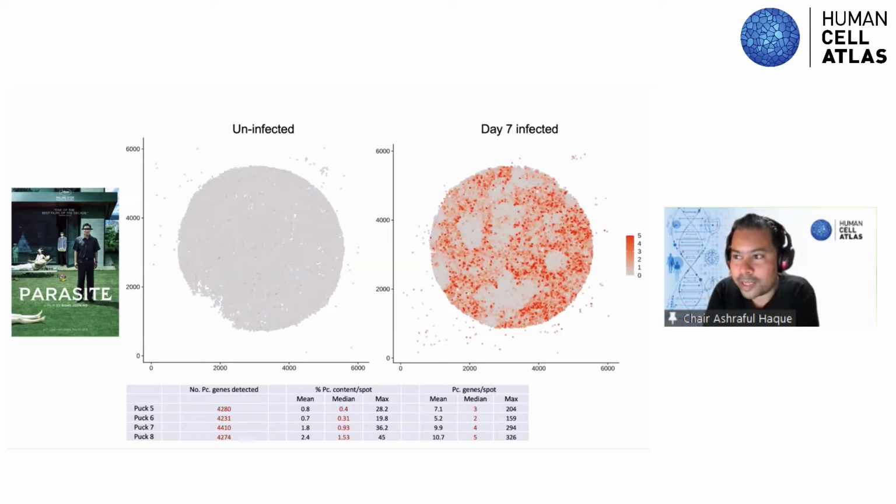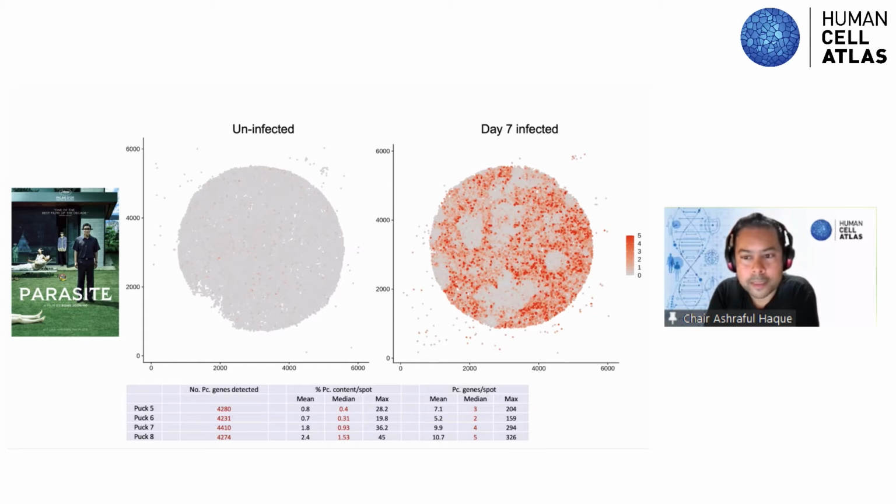So the last point I want to make is very much a work in progress. But of course, using poly-T primers allows us not only to look at host messenger RNA, but we can also look for malaria parasite signal.